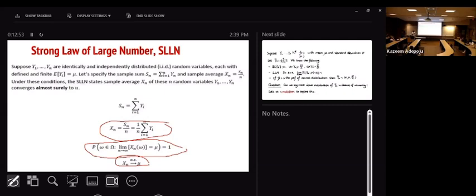Like the omega. Oh, okay, give me 1 second. Are you talking about this one? Okay. The omega is the sample space, a collection. When you are dealing with probability, we need to have a space for possible outcomes.